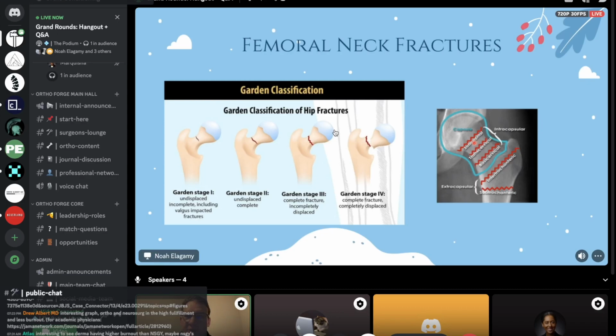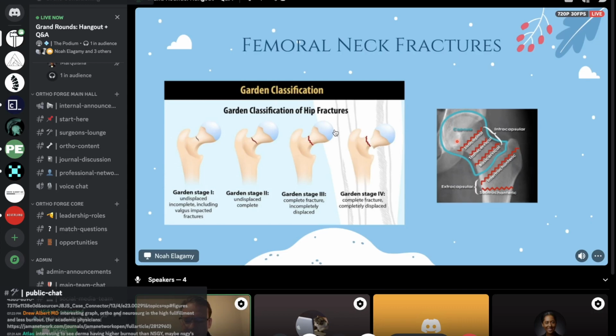There's a couple theories, whether it's synovial fluid getting into the fracture site or the tributaries of the medial circumflex artery, these small little retinacular vessels, that shear and break off, and you have a lack of blood flow to the femoral head. But overall, the takeaway is these types of fractures don't heal well if you try to put them back together and fix them in an elderly osteoporotic hip fracture.